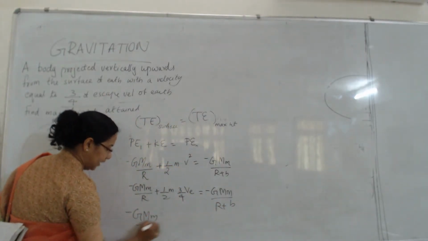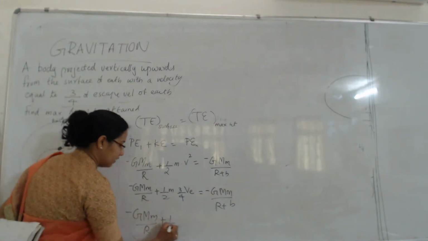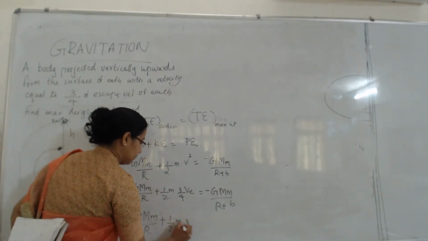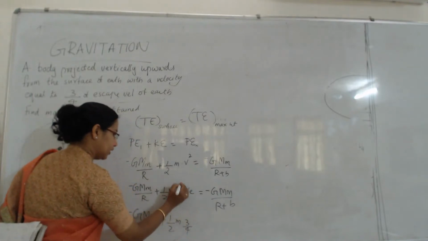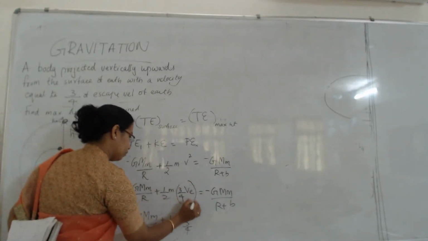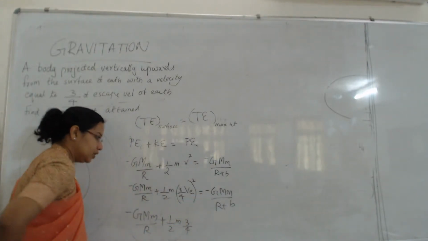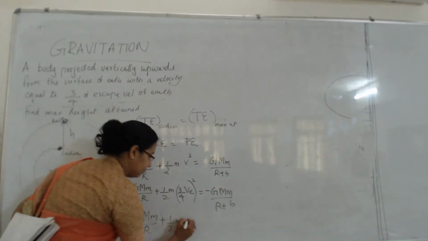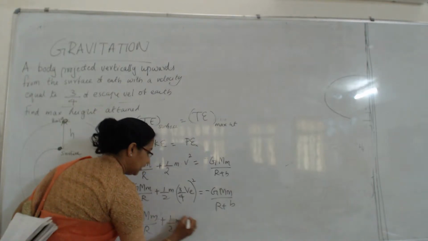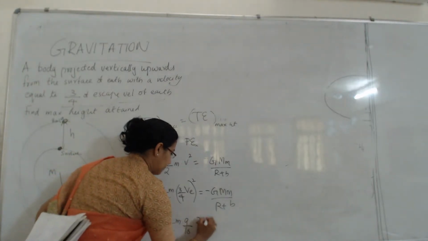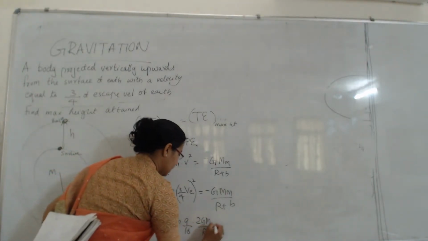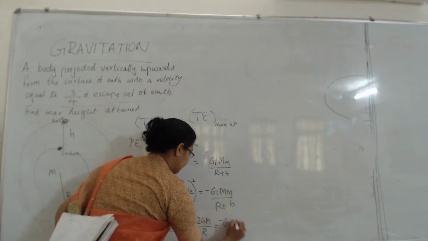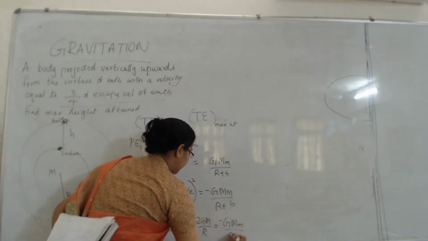Minus GMm by R plus half m into 3 by 4 squared, if you eliminate, what will come? 9 by 16 into 2GM by R equals minus GM by R plus h.